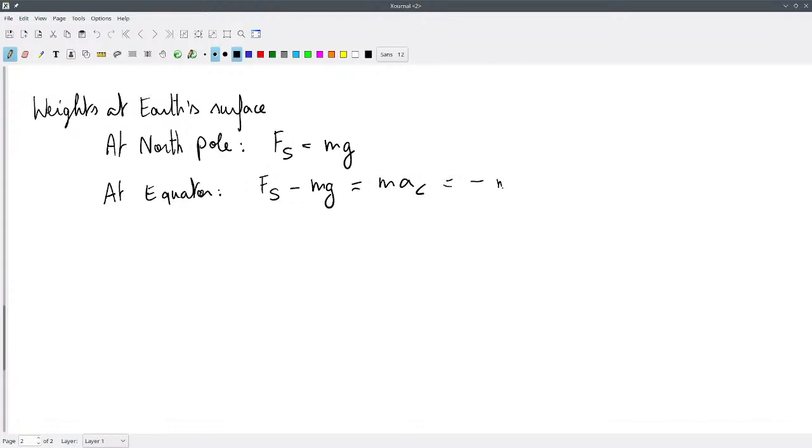So this is minus m times r_Earth omega squared, with omega equal to 2 pi over 1 day. That corresponds to some value in radians per second. One day is 86,400 seconds, so it's something like 10 to the minus 6 radians per second.